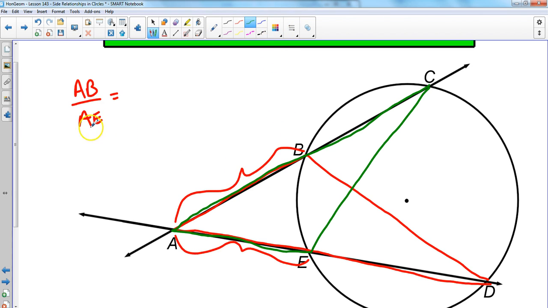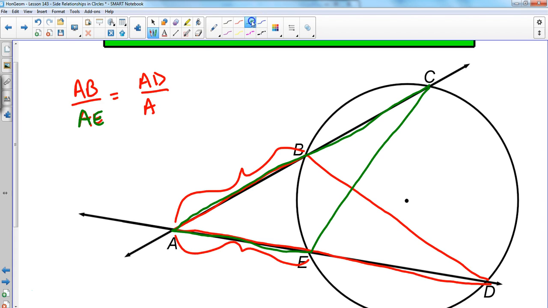So AB compared to AE should be in green, because that's the part from the green triangle. And we're going to compare that to, let me see, AD, because we need the red, compared to AC.